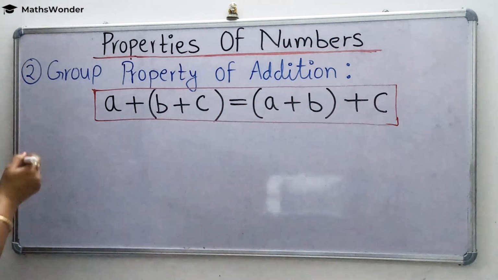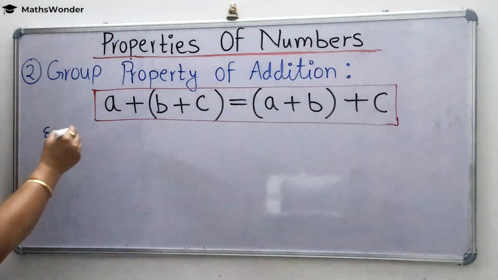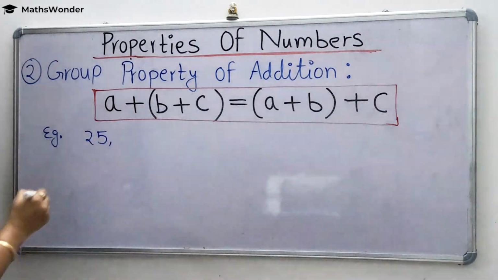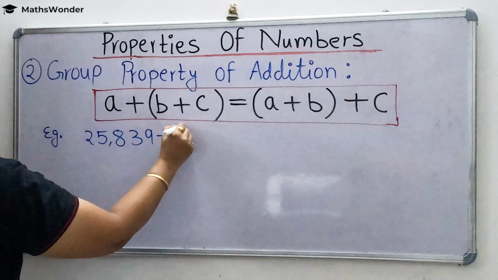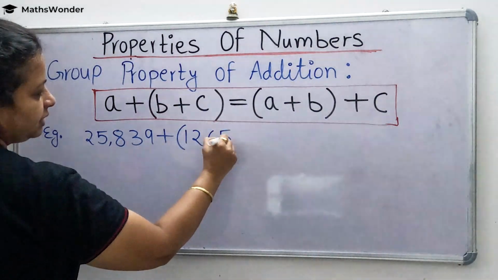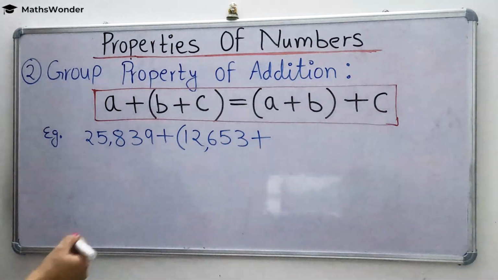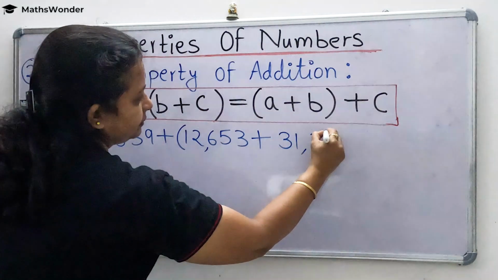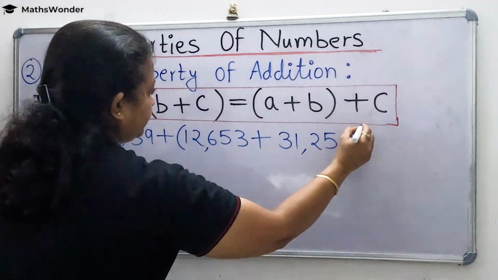For example, now I am taking directly a big number example, okay? So suppose the three numbers are 25839 added with 12653 plus 31259.